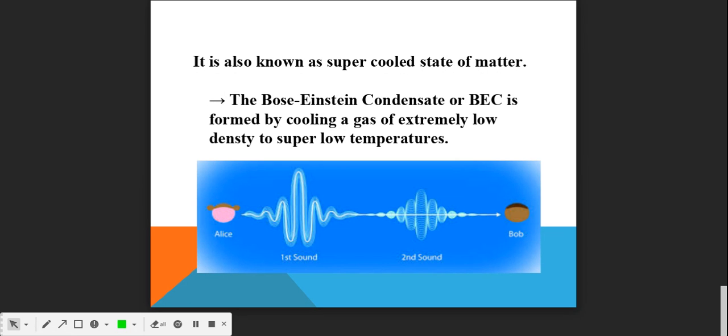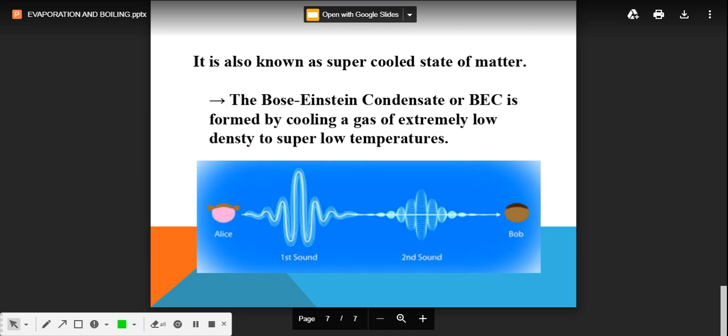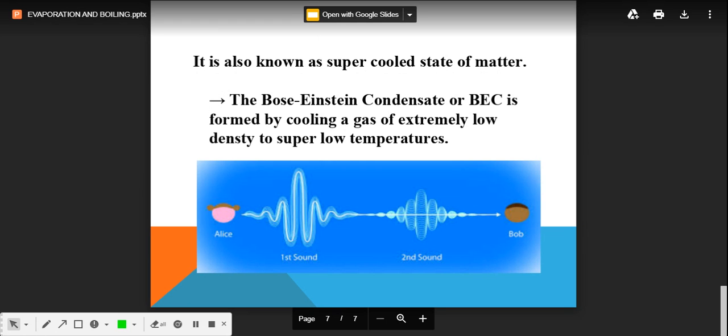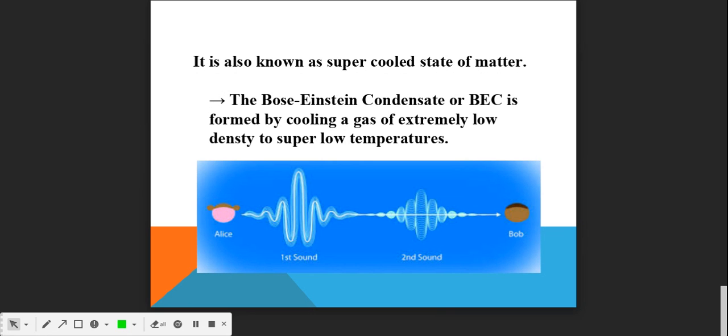So, a time will come when that energy will be lost to the surroundings, and that particle will be converted into the fifth state of matter, known as Bose-Einstein condensate. This happens only at a temperature less than minus 273, right? So that's why we call it a supercool state of matter.